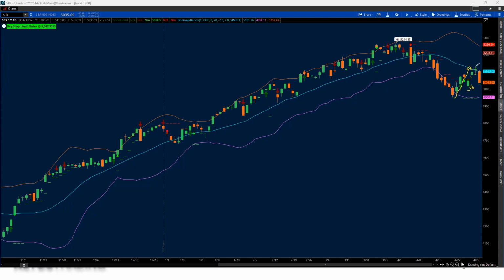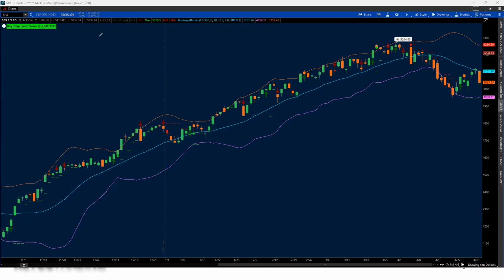The key here is that we want to find this shift from expansion to contraction near a support or resistance level. So in this case, resistance. All right, so if we see volatility contraction near resistance, and here again, we had both static, where we had our horizontal level, and then dynamic, where we have our center Bollinger Band, and we're getting volatility contraction.